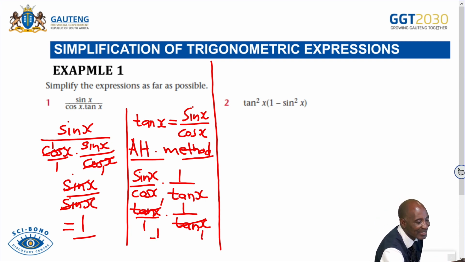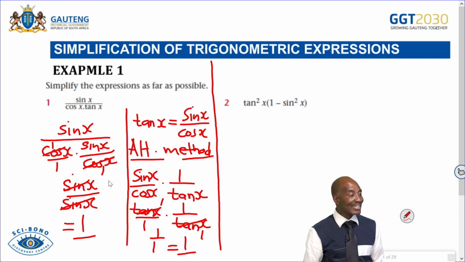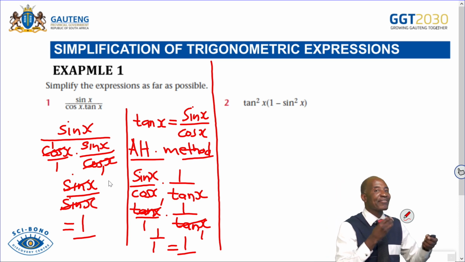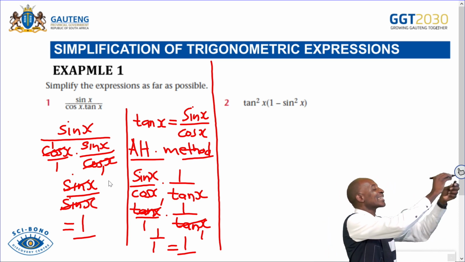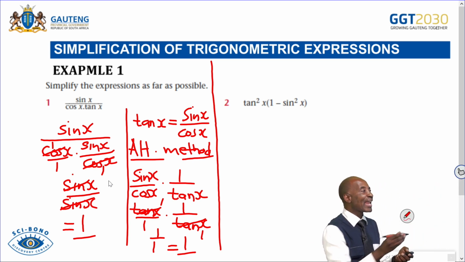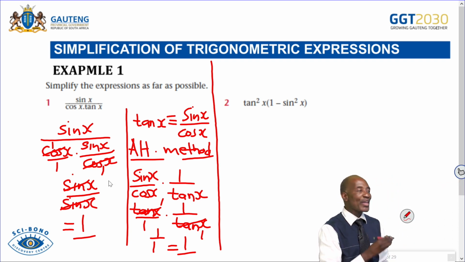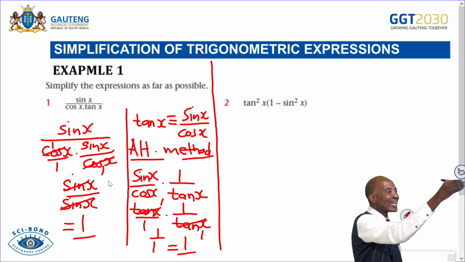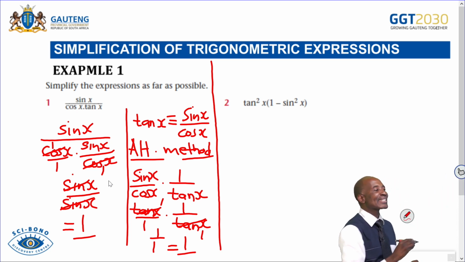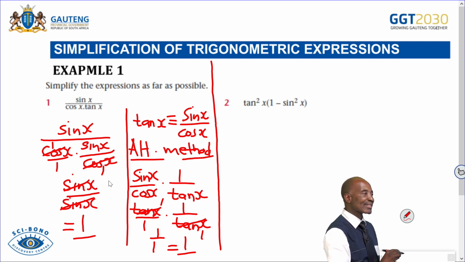Then you are left with 1 divided by 1. The result will give you a 1. This is what we mean by simplifying a trig expression, playing around with identities that we know. We know tan x, when broken down, can also be written as sine x divided by cos x.